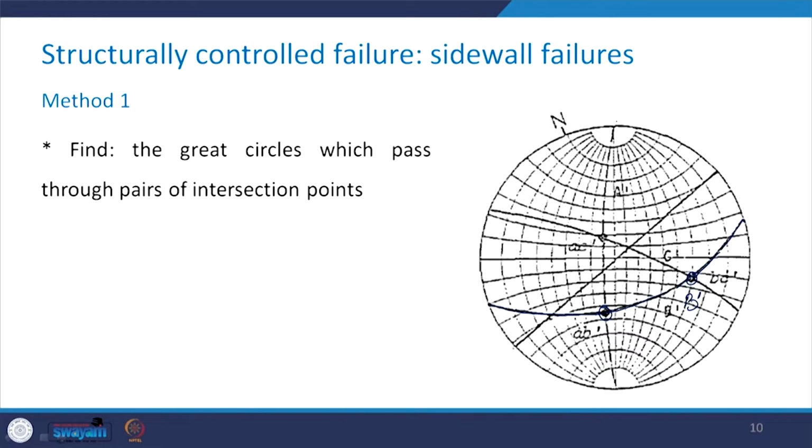Like you see here, the construction of the great circle is given for the intersection points AC prime and AB prime.